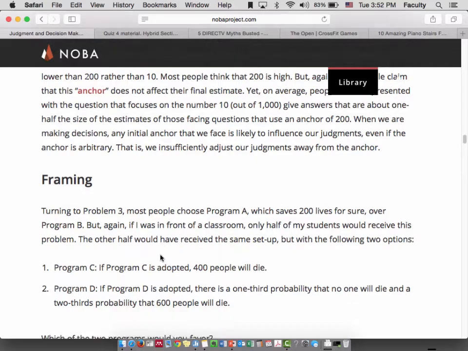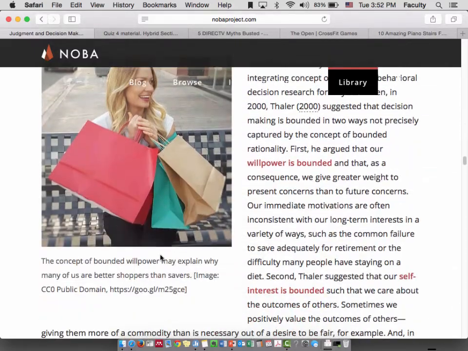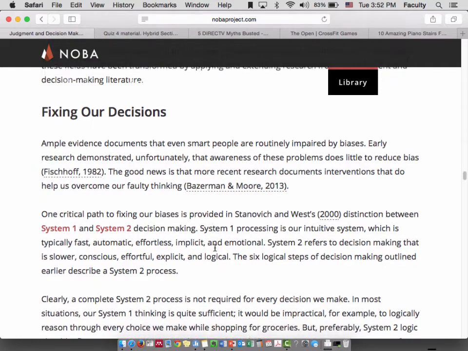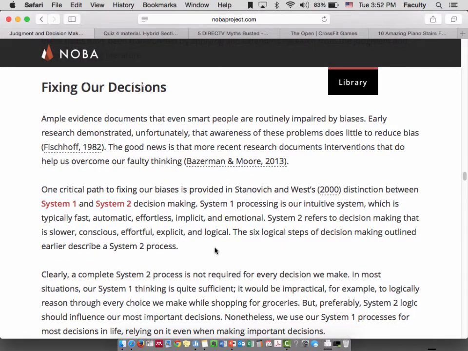Although it's presented to us in the module as a way of fixing our decisions, I actually like to think of it as a good set of organizing principles. And it turns out we're going to come back to System 1 and System 2 various times throughout the rest of the semester. So it's actually worth mentioning first.